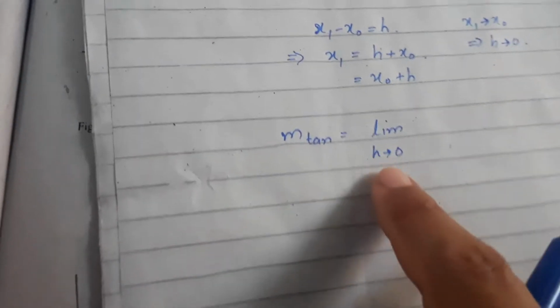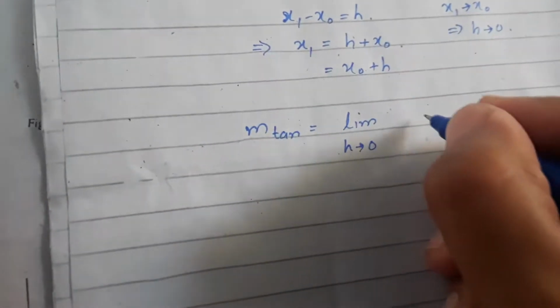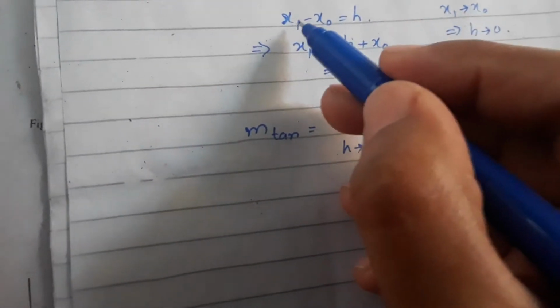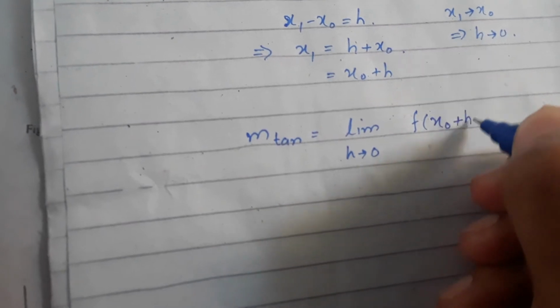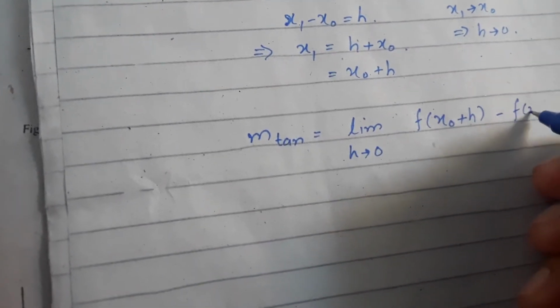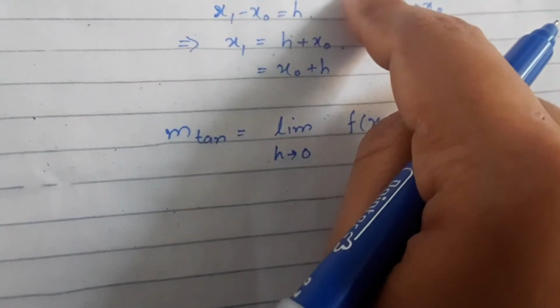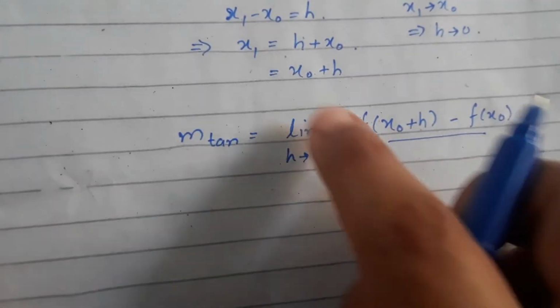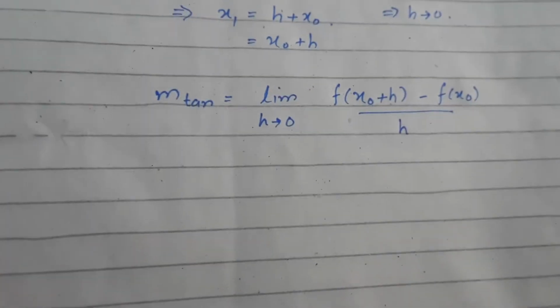So I have written it as h approaches 0, and above I can write f of, now instead of x1 I'm going to write x0 plus h minus f of x0, and divided by, instead of x1 minus x0 I'll be writing h. This is the definition of the derivative.